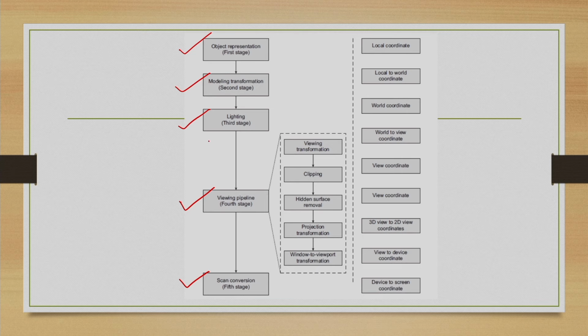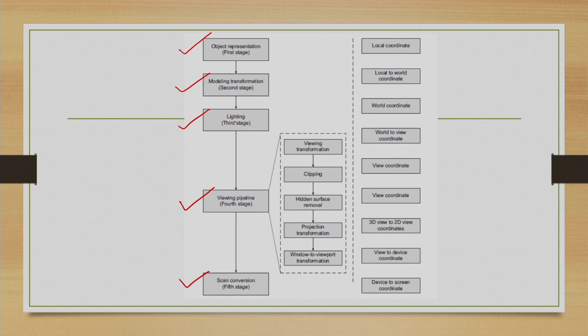One point I would like to mention here is that although in this course I will follow the pipeline stages in the way shown here, in practice it is not necessary to have this exact sequence. Some stages may come after some other stages.